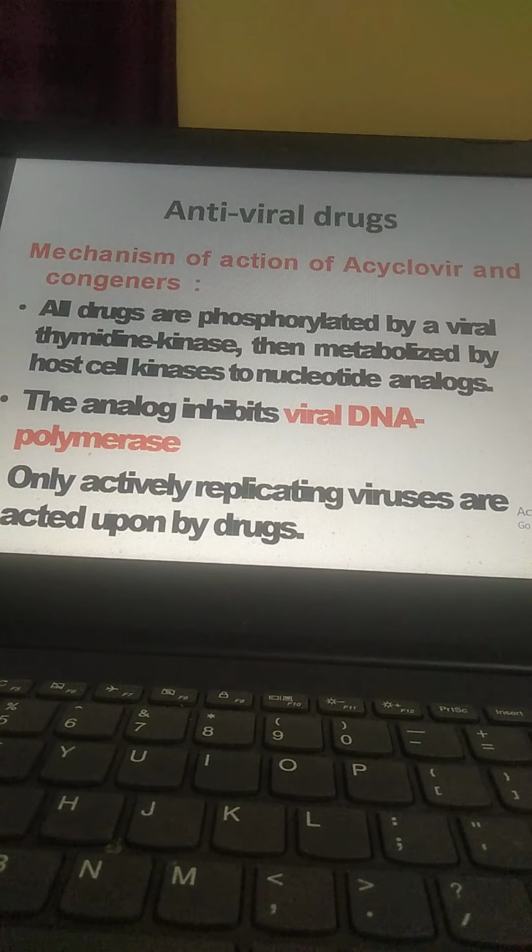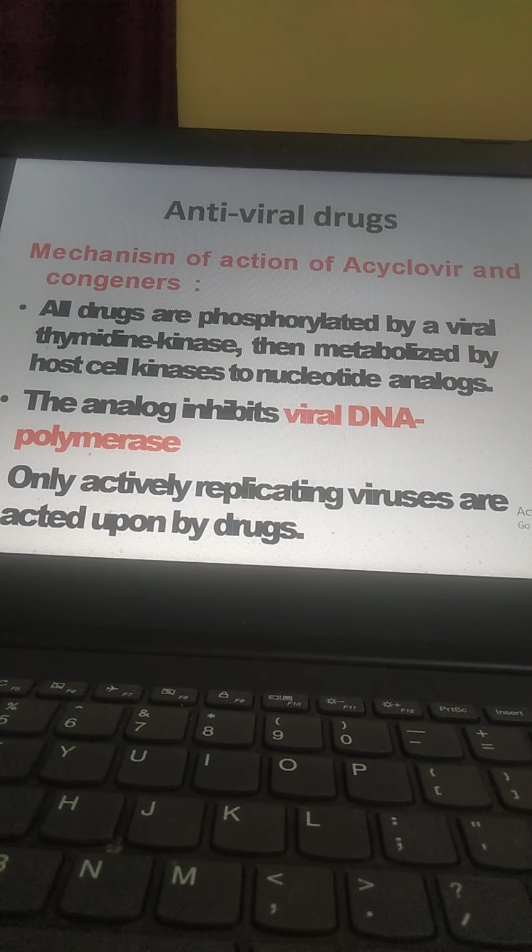Then the mechanism of action of acyclovir and congeners: all drugs are phosphorylated by a viral thymidine kinase, TK we call it, and then metabolized by the host cell kinases. The viral thymidine kinase phosphorylates them to nucleotide analogs, that you have to remember.